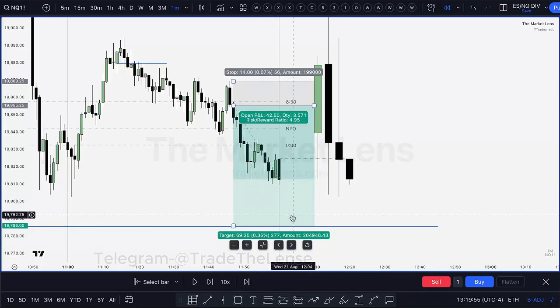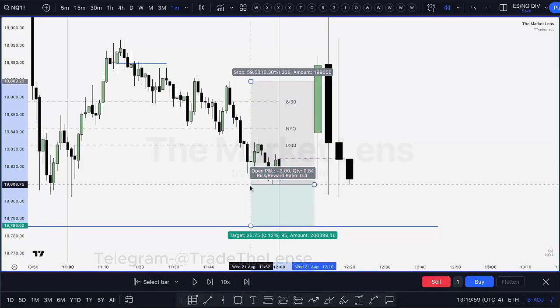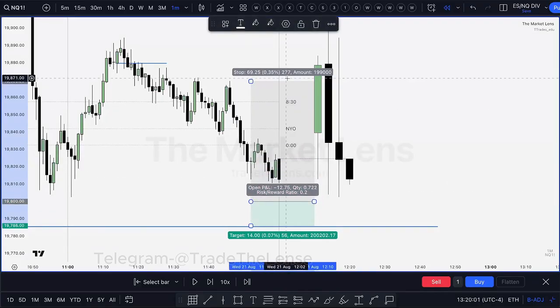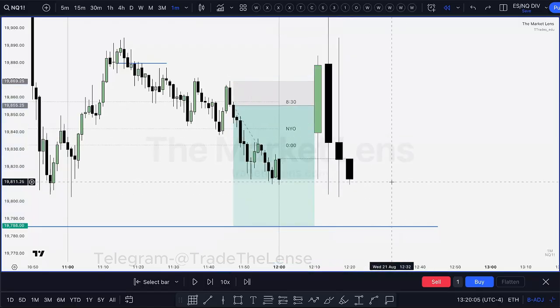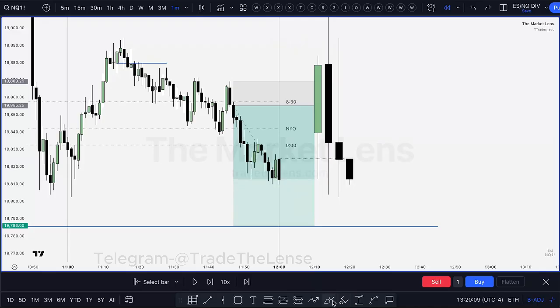As we get closer to this target, I'm now risking more because unrealized profits are still risk in a way if you think about it. So what I do is I trail. Once I get here and we form this, I can trail my stop to here. Once we retest this and close below, I can trail my stop to here.